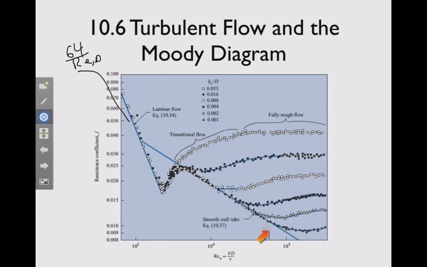So we have to get to pretty high Reynolds numbers in order to start to deviate for the low relative roughness. We have to get to a pretty high velocity or pretty large diameter pipe in order to start deviating from the smooth pipe. So I think it all makes physical sense.